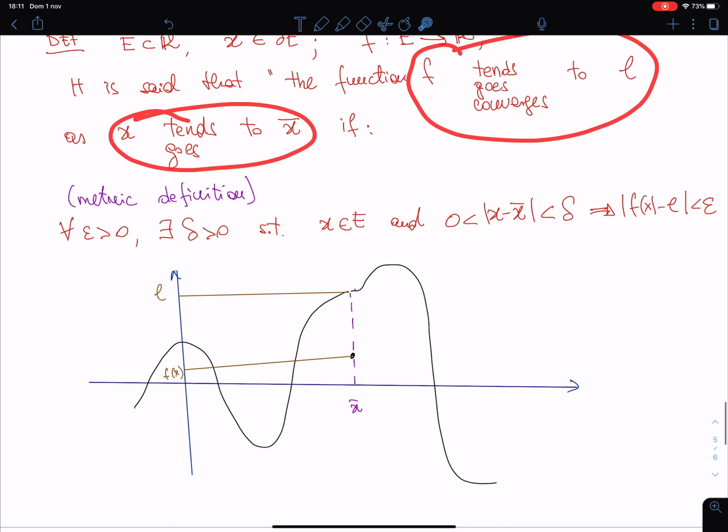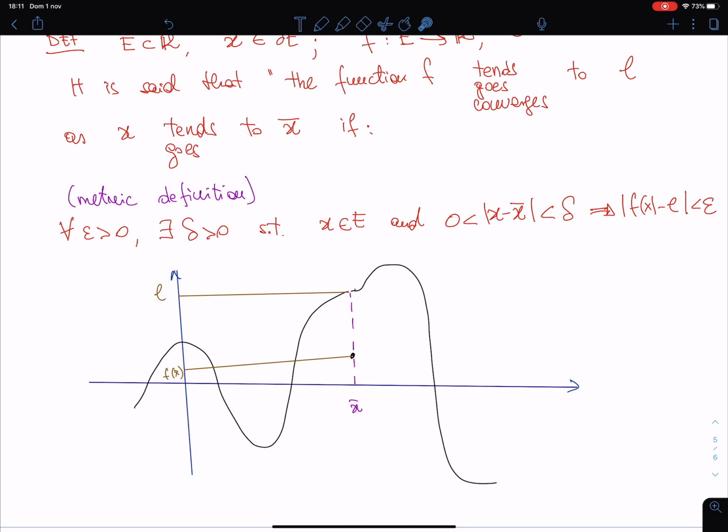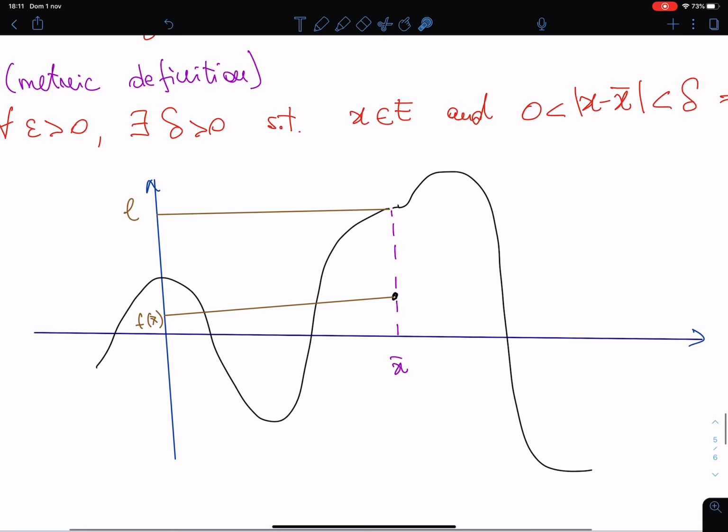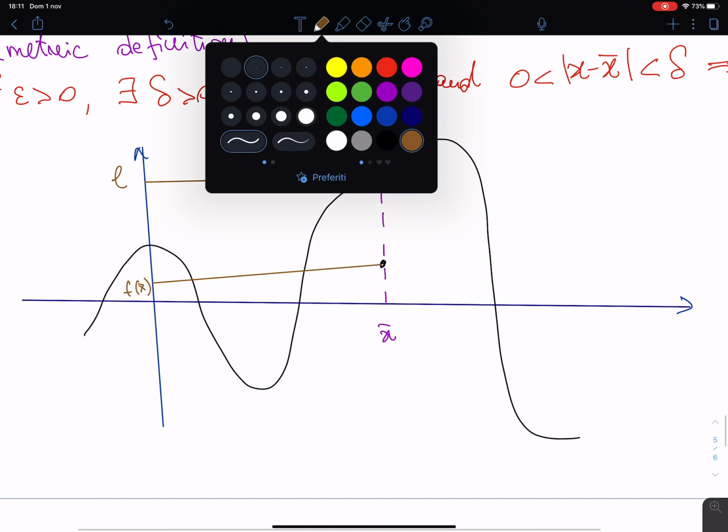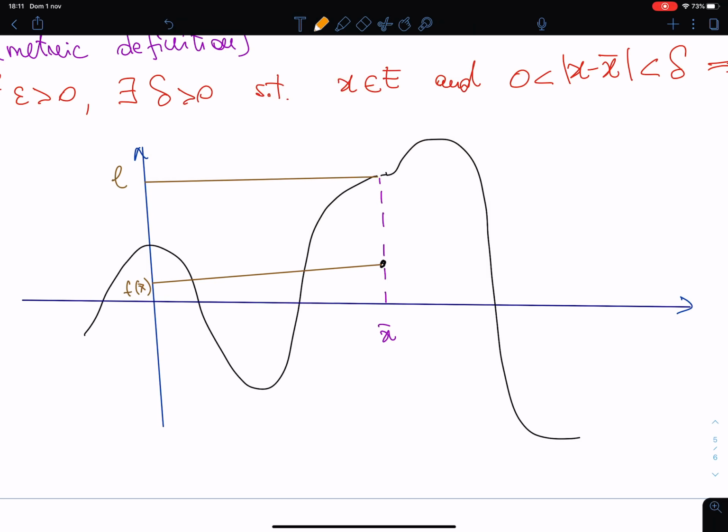Why? Because let us consider, as in the case of sequences, epsilon larger than 0. Epsilon larger than 0 around L gives you the following stripe, whose width goes from L minus epsilon up to L plus epsilon. Okay, this is the stripe. So I'm saying the following.